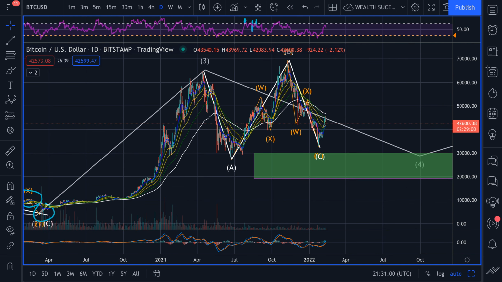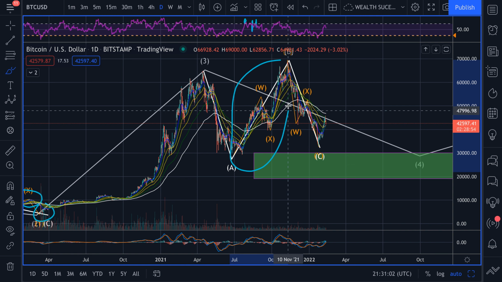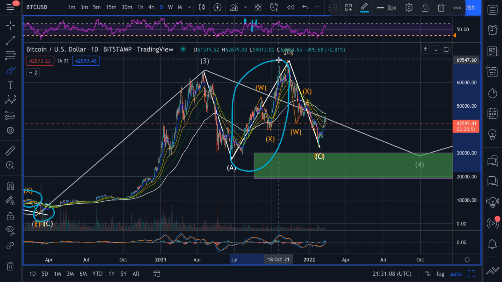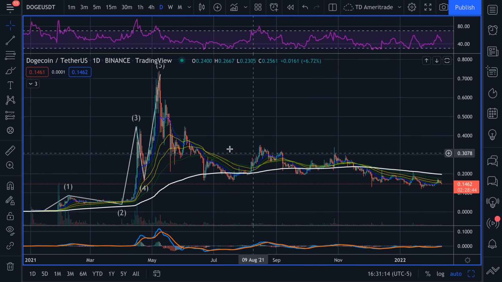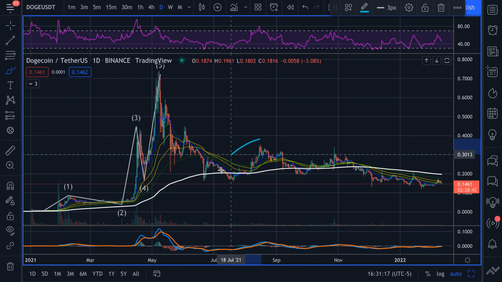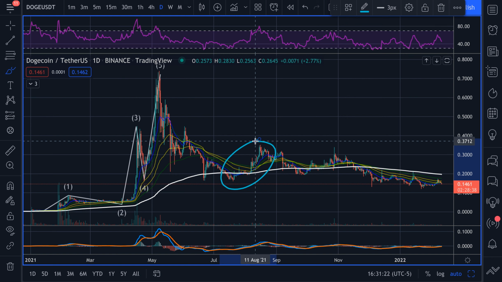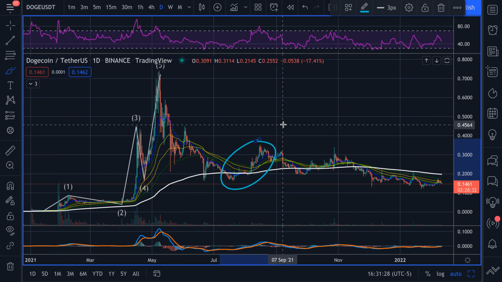See, with Bitcoin, this middle wave faked people out because they don't understand Elliott waves at all and don't know what corrective patterns look like. But in Doge, that wave here, yeah, some people thought it was a new bull market, but I said, no, it isn't, no, it isn't, no, it isn't.